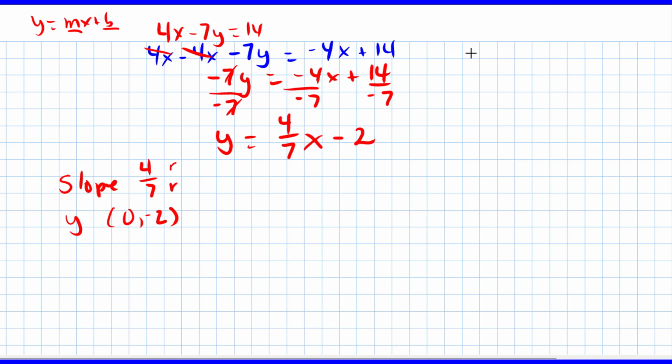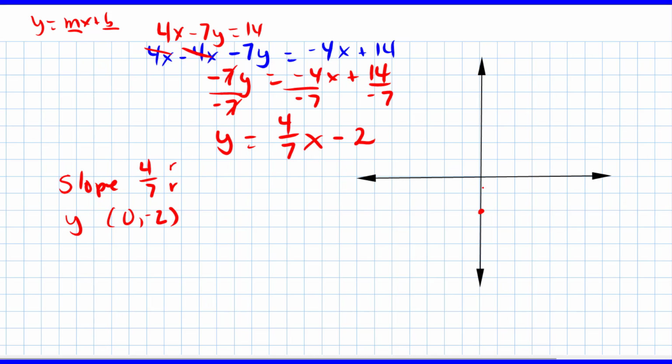So let's go grab our graph here, and each of those represents 1. So first and foremost, I'm going to graph 0, negative 2. So 0, negative 1, negative 2, right there. Now, if my slope is 4/7, I'm going to go up 4.